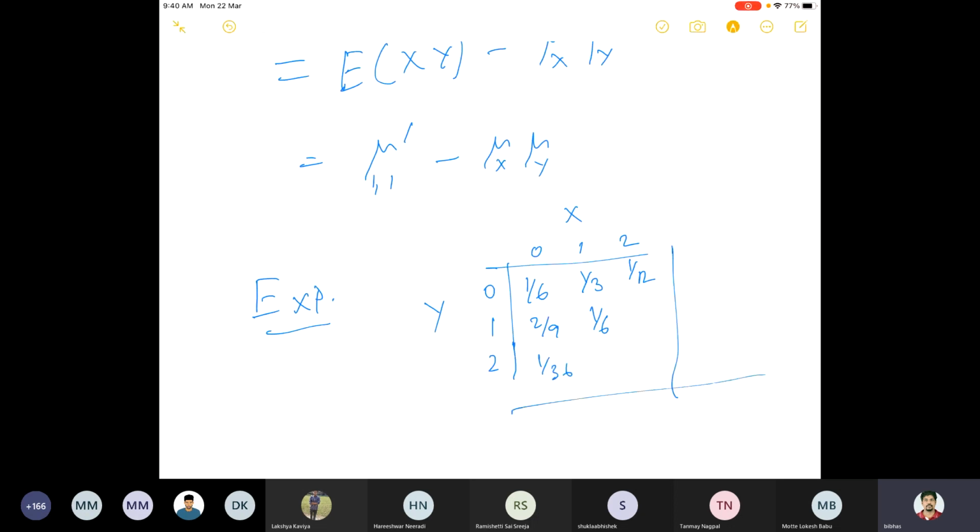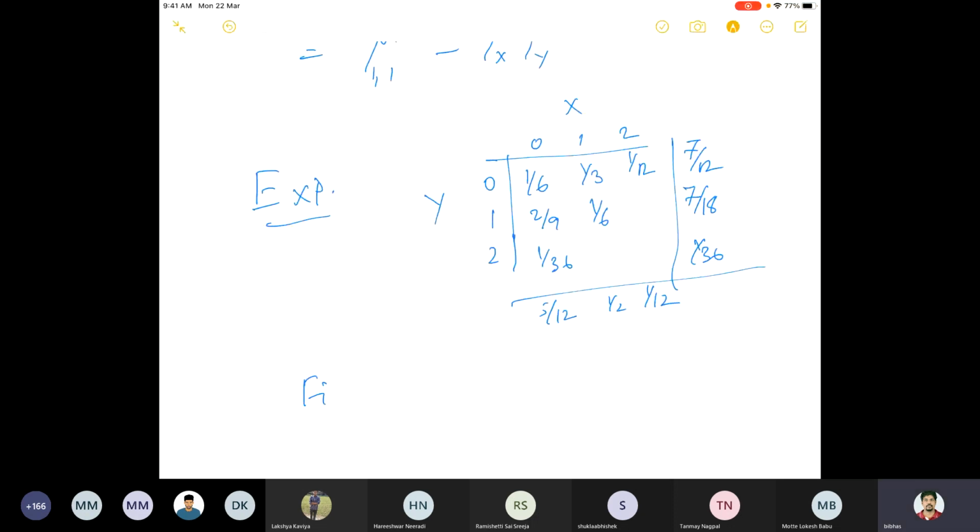Then we had the individual distributions: 7 by 12, 7 by 18, 1 by 36, 5 by 12, 1 by 2, 1 by 12. Suppose the question is to find the covariance of xy, I just find sigma xy.